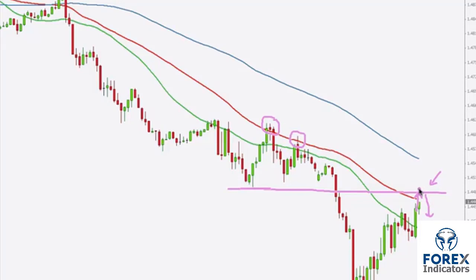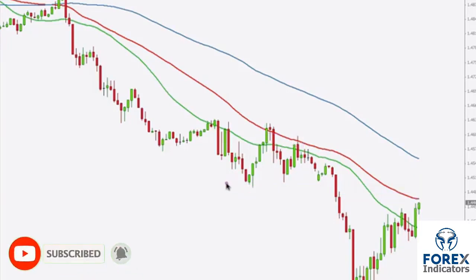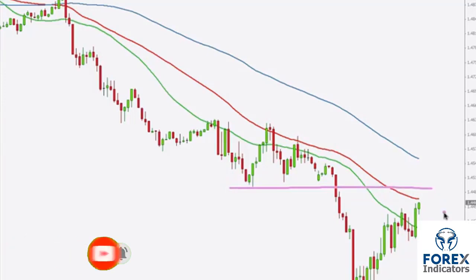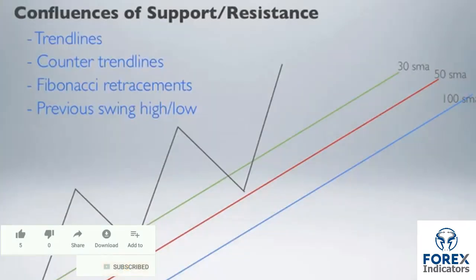However, if we see that price gives us multiple bar closes above the dynamic area and above that line, then this whole trend is at least weakening, and well, we will not be searching for short opportunities any longer. All right. So even though this level is just above the dynamic area of support and resistance, that's still okay. All right. Well, okay, now, we've already gone through all 4 different elements of support and resistance we are going to use in order to search for confluences around the dynamic area.